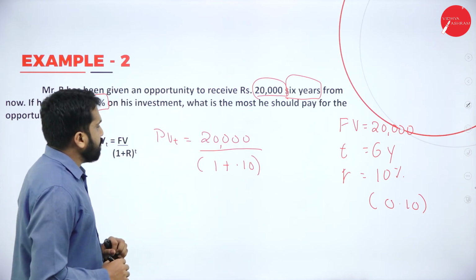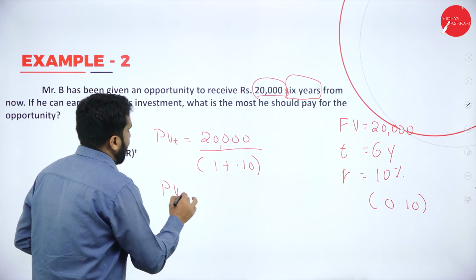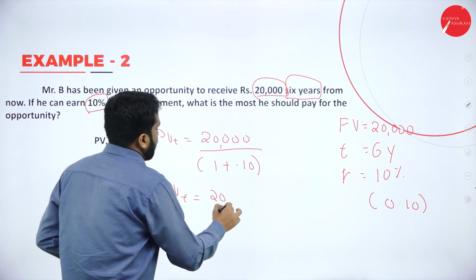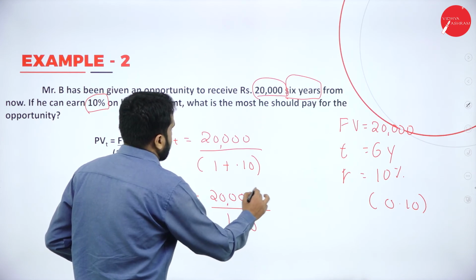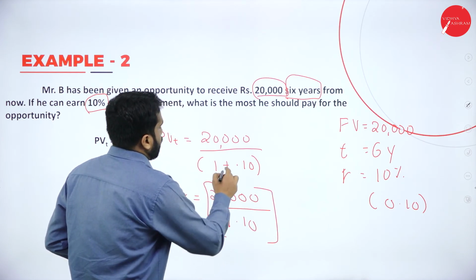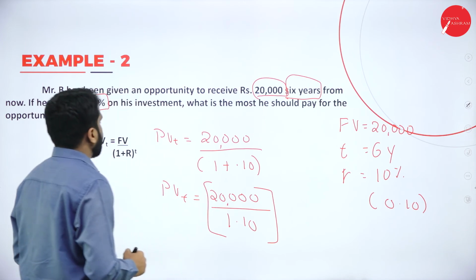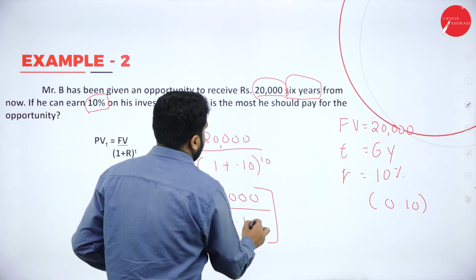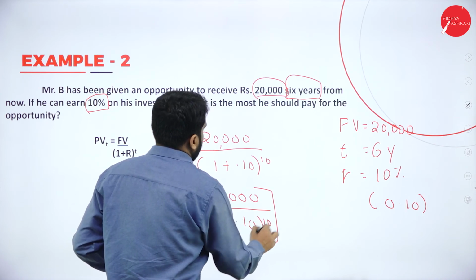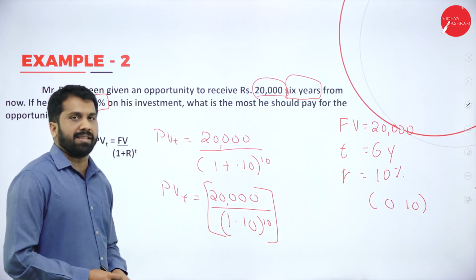Now, what is the next procedure? Simplify this. 20,000 divided by 1.10. Now calculate, but this is number of years, how much? 10 years. You are supposed to calculate 10 years. Later, you can divide with 20,000.